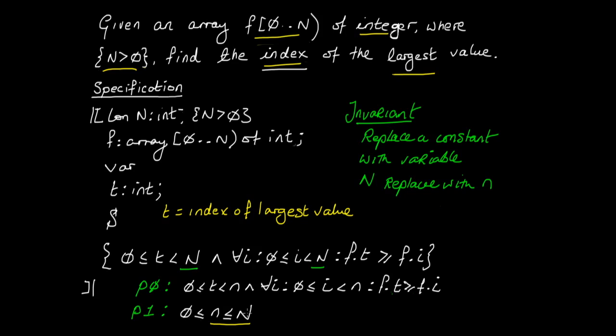This is our invariant, and n will start off at 0 and work its way towards large n, and when it's equal to large n, our loop and our program will effectively finish. So if we didn't allow small n to be equal to large n, our program would not terminate. And we'll actually see that when we come to write down our outline solution and our guard and loop.